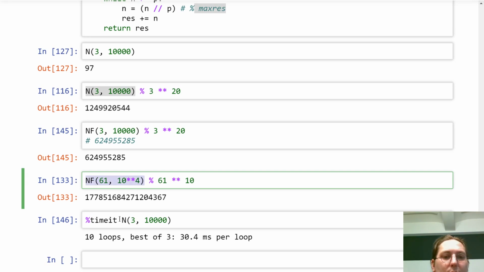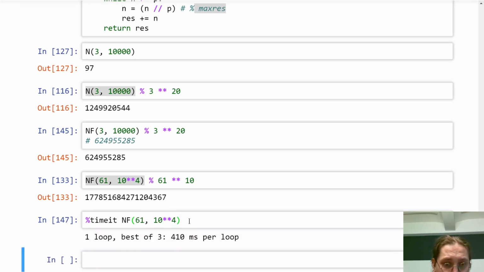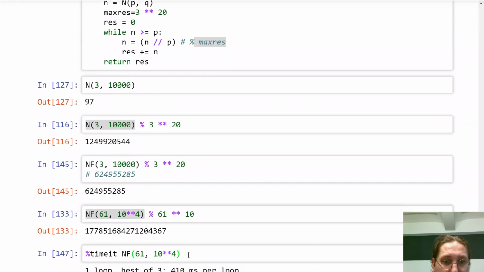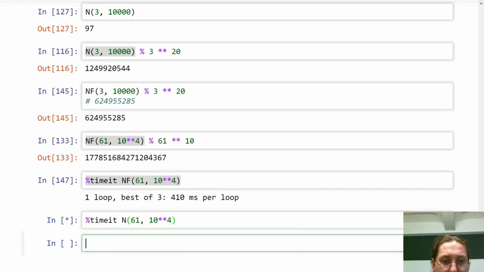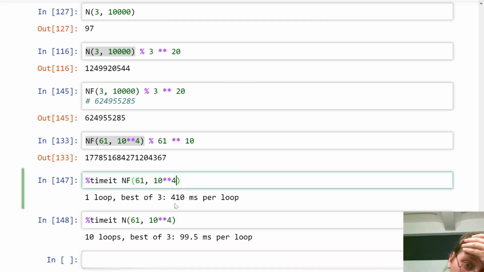Okay, I can do maybe something larger. So this is NF, but we don't know how much. Let's do timeit of n for the same thing and see how much of that. So this is 1/4. I don't know how much that tells us though.